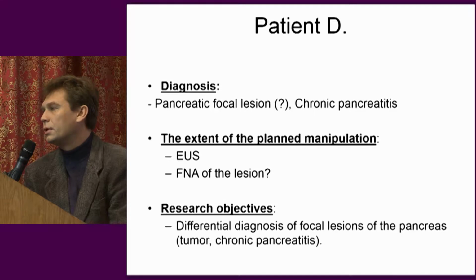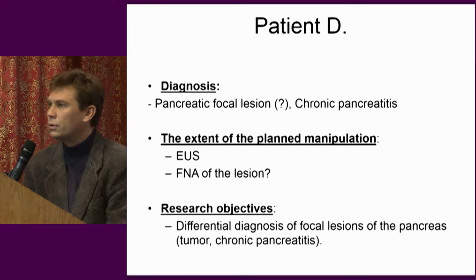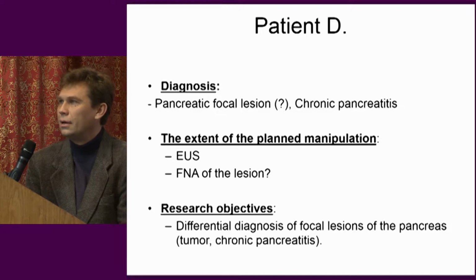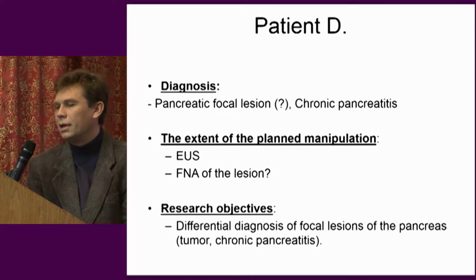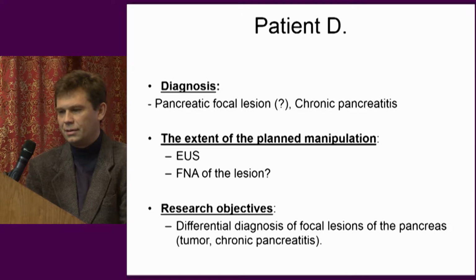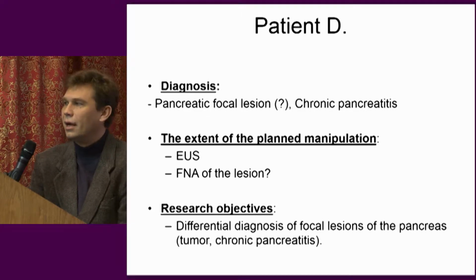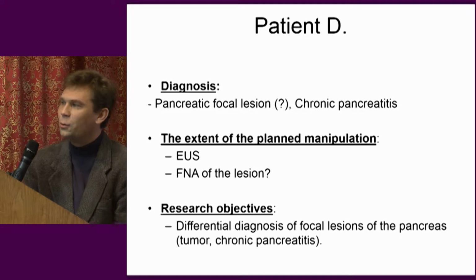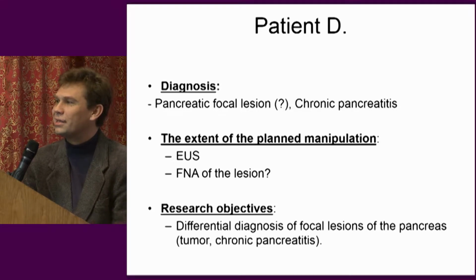It's a cystic lesion. But what was it? IPMN, mucinous, or something like that. It's just a cystic lesion, and that's it. Well, it's said like that because we don't know what that is.